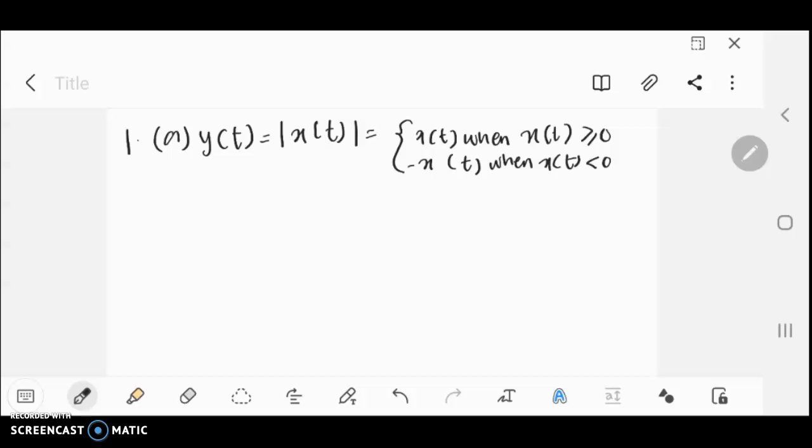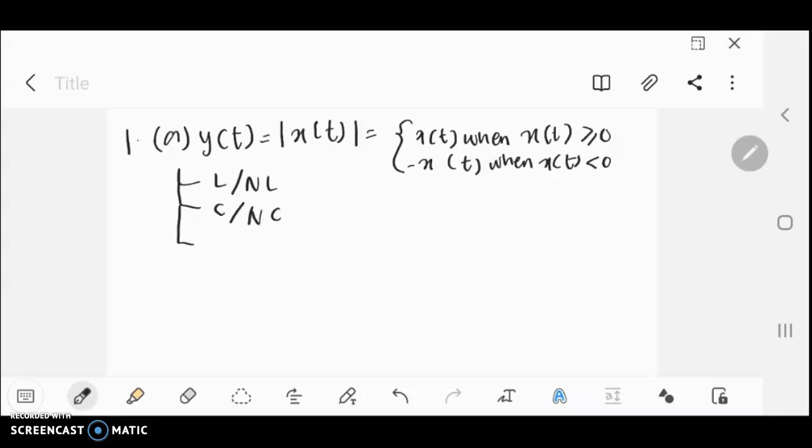Okay, today I'm going to show you tutorial 3, question 1a. We have to prove whether the system is, firstly, linear or non-linear. Second, causal or non-causal.